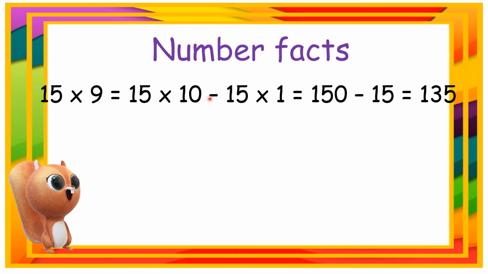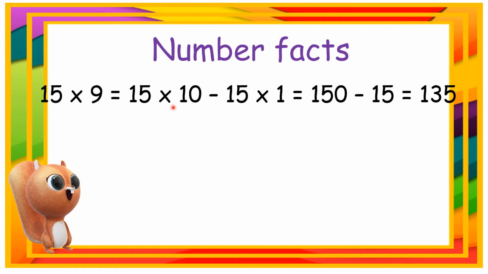But why do I have minus? I have a minus because I know that I have added 1 to 9 to make 10. So I need to subtract the same 1 that I added to make 10. So first, I make 9 into 10 and I multiply with my first factor, which is 15.